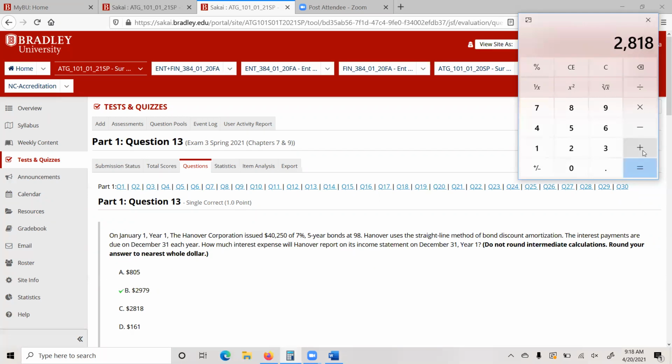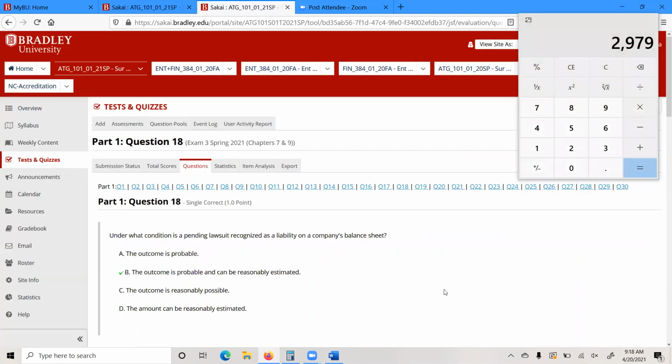And with interest expense we do have to take that amortization into account. So that's why the solution is answer B, not answer C. So the correct answer is B, 2,979. Okay. So really that was the most missed here.